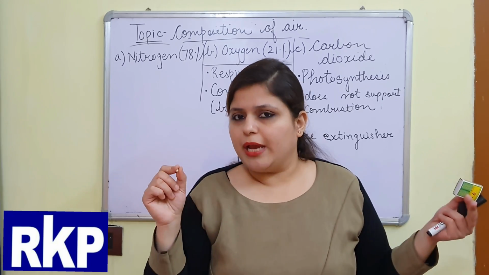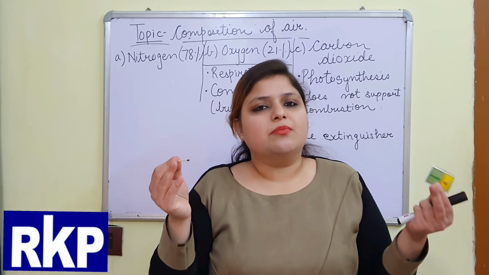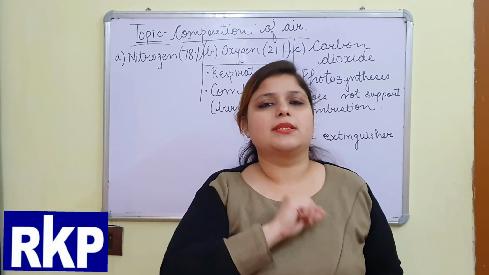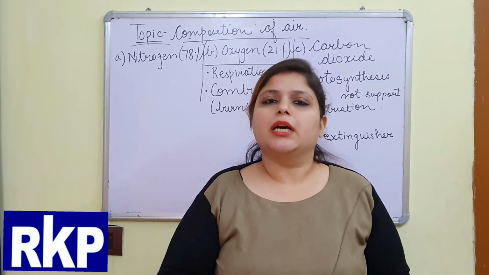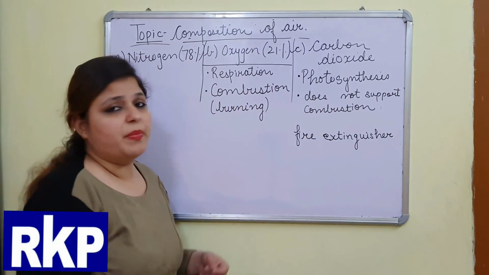But this does not happen. This is because the nitrogen gas which is present in large amount around us, it controls fire. Clear? It controls fire. So this was all about the three main gases which are present around us.